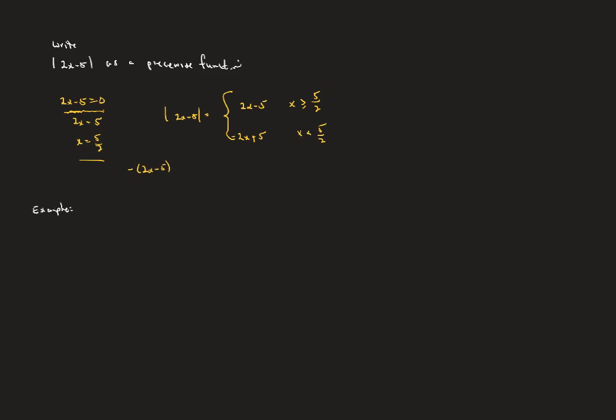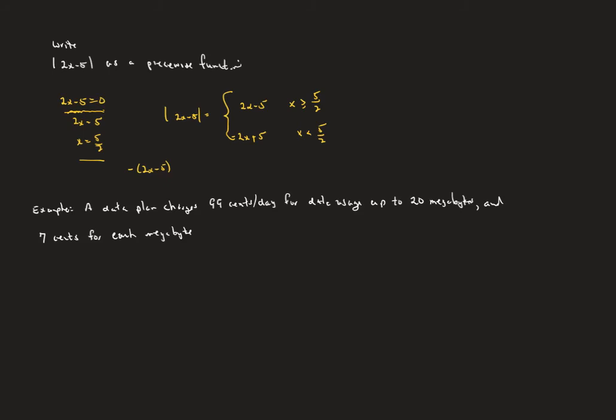So we're going to say that a data plan for a phone charges 99 cents per day for data usage up to 20 megabytes, and 7 cents for each megabyte above 20.